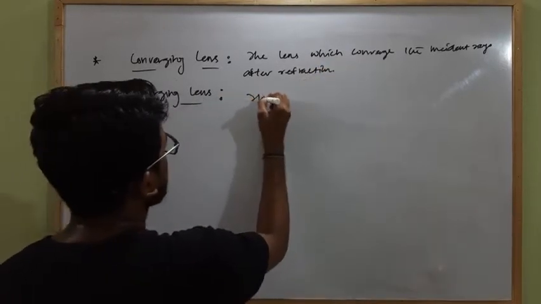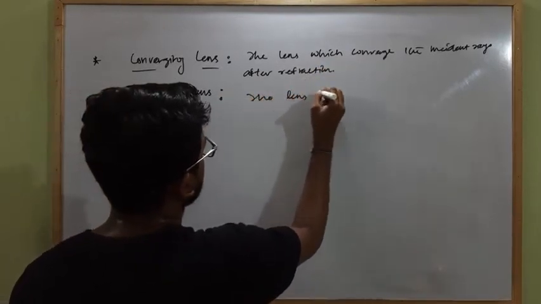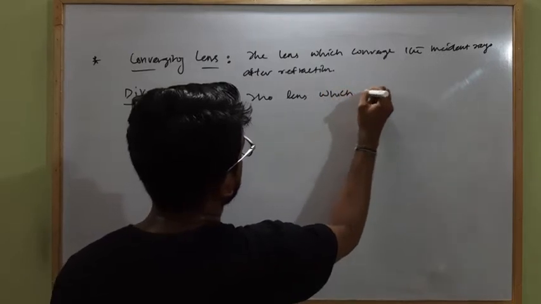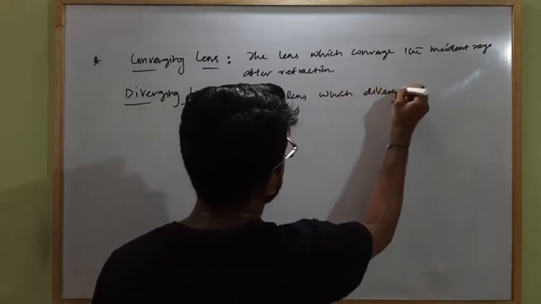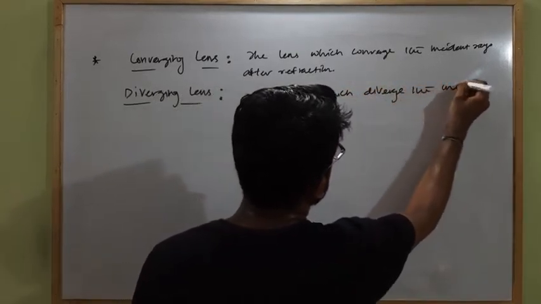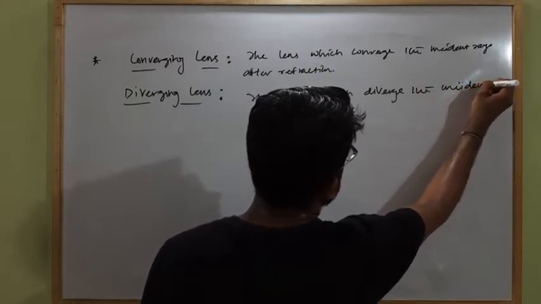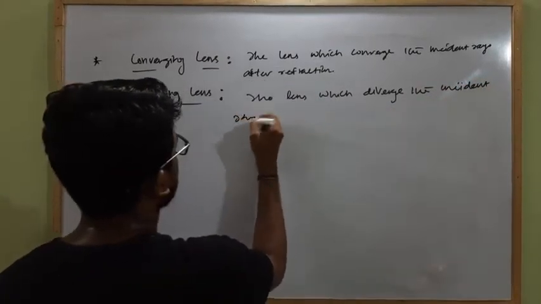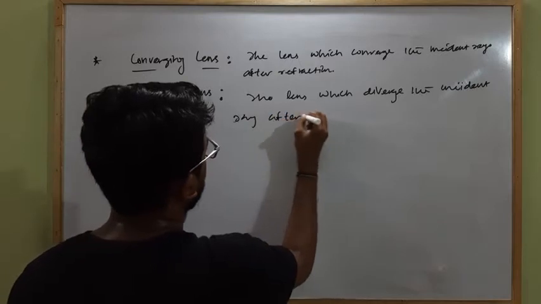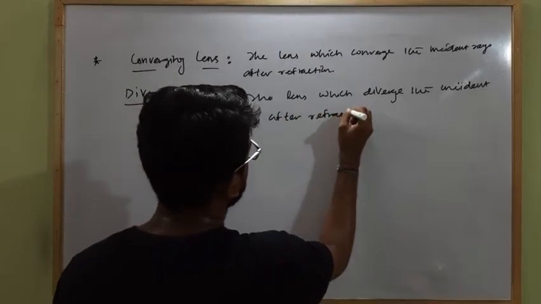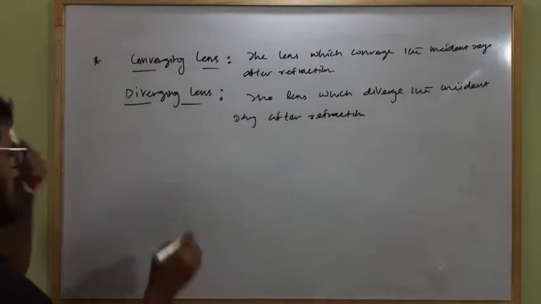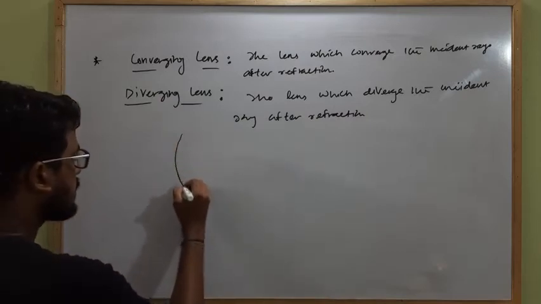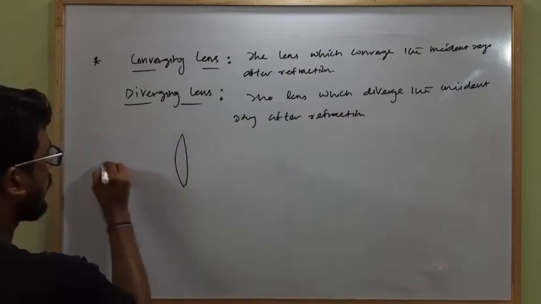Diverging lens, the lens which diverges the incident ray after refraction. Okay, so if this is a lens, it's a convex lens.